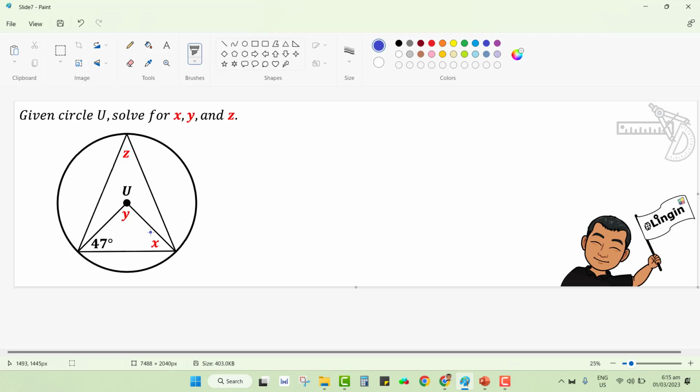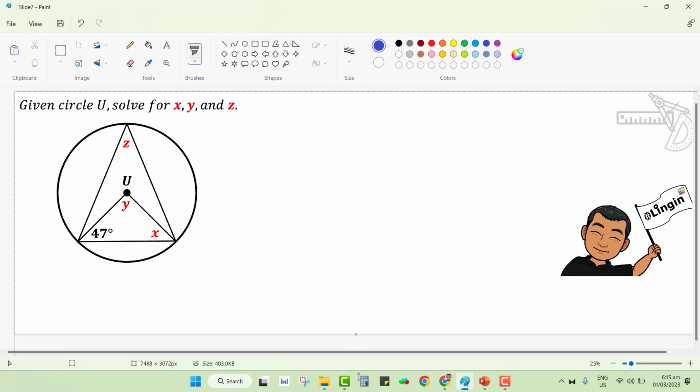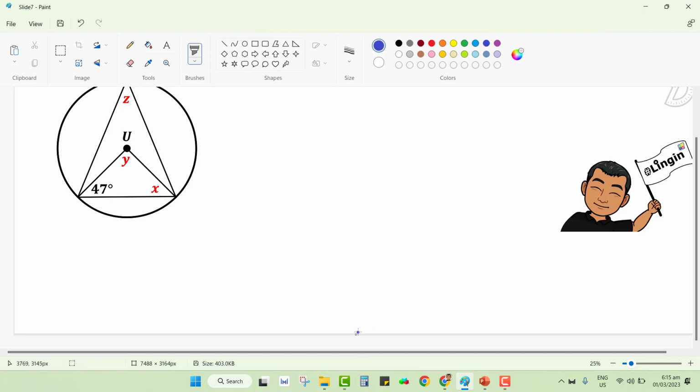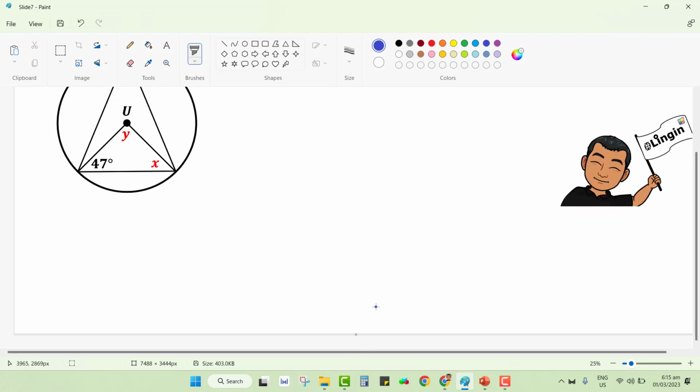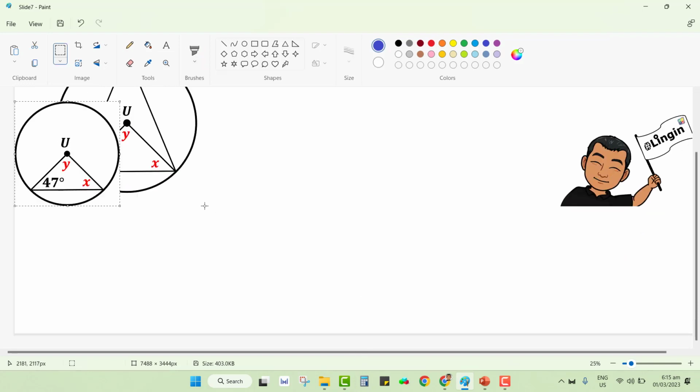If we look closely at the given figure, we have a triangle here formed by two radii and the chord which connects the endpoints of the radii as points on the circle. Let me make a little adjustment here, as I'm going to separate the smaller triangle from the entire given.